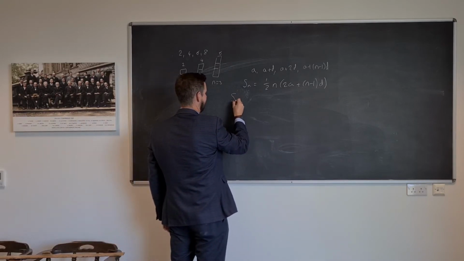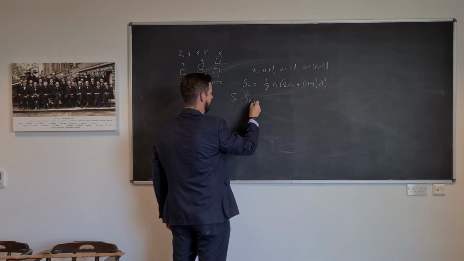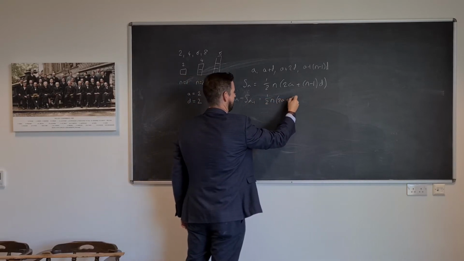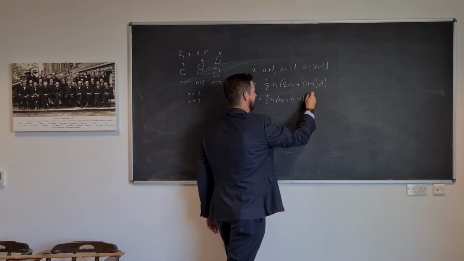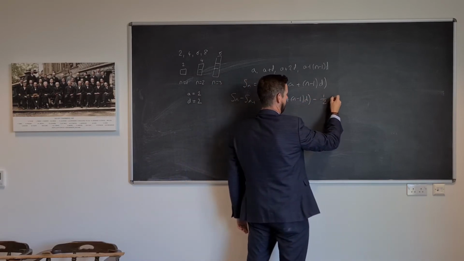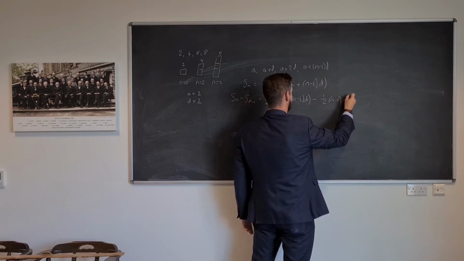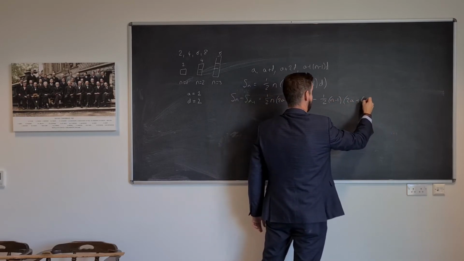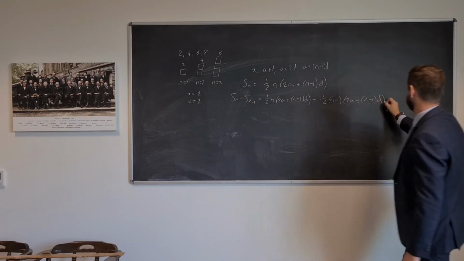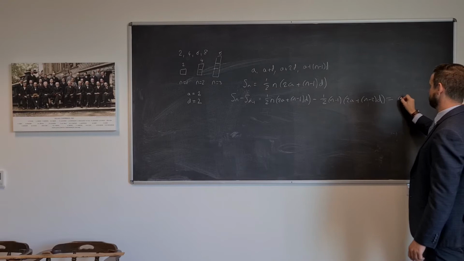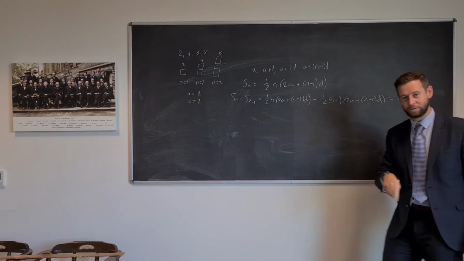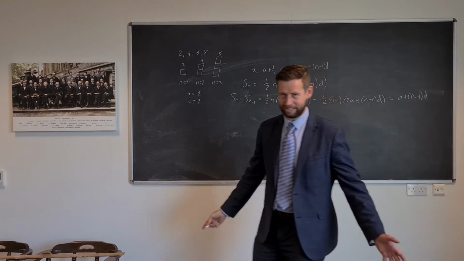In fact, I could write it out like this: Sn minus Sn minus 1 is equal to a half n (2A plus (n minus 1)D) minus the sum before, a half (n minus 1) (2A plus (n minus 2)D). And what you can see is that that is indeed equal to A plus (n minus 1)D. It tells us how big the individual term is that we're on at present.